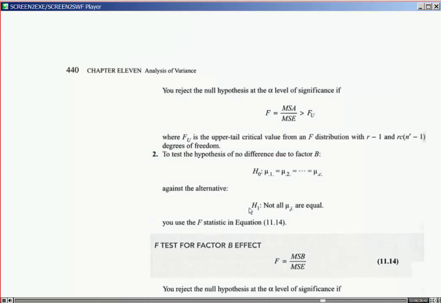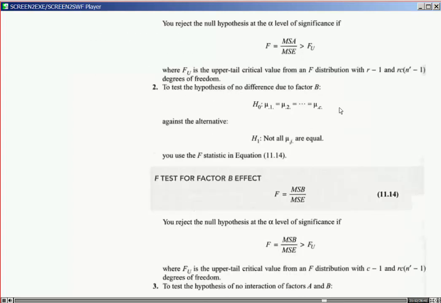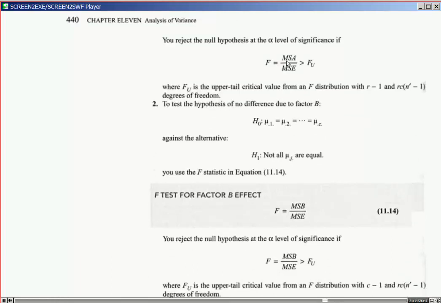You reject the null hypothesis at the alpha level of significance if your F statistic, which is the ratio, is greater than the cutoff statistic.